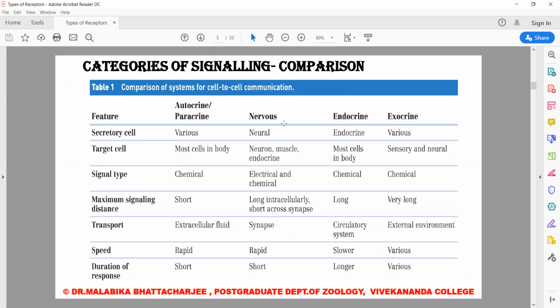As we saw the example of paracrine signaling, also in case of nervous system, the neurotransmitters are liberated into the synapse by the presynaptic neuron and are taken up by the postsynaptic neuron. So this mode of transmission is chemical, but you all know that electrical impulse also travels through nervous system.